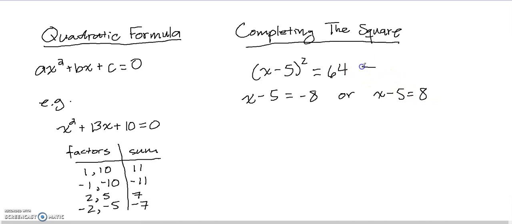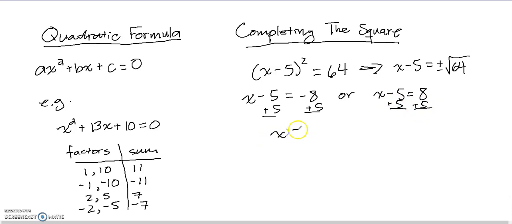Well, basically x minus 5 has got to be plus or minus the square root of 64, and the square root of 64 is 8. And then we could solve each of these resulting linear equations by just adding 5 to both sides. And we would see that x would either be -3 from this equation, or from the second equation, x would be 8 plus 5, which is 13. So -3 or 13 would be the answers to that quadratic.